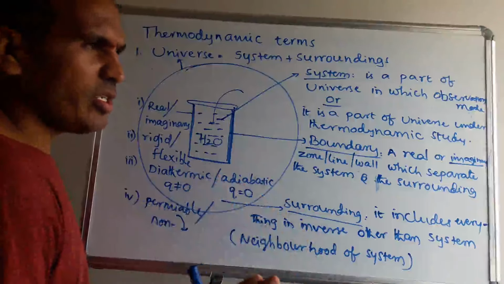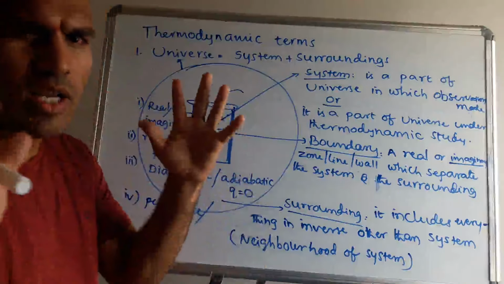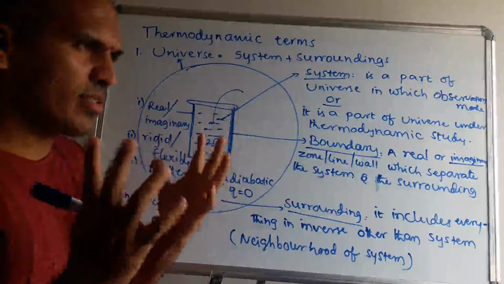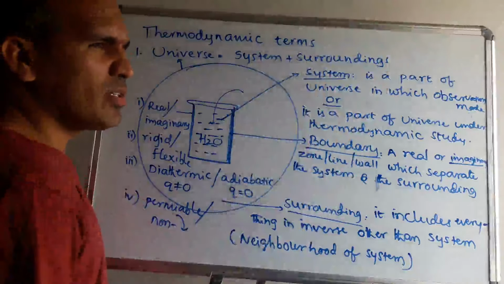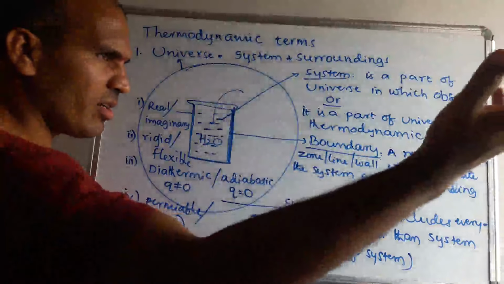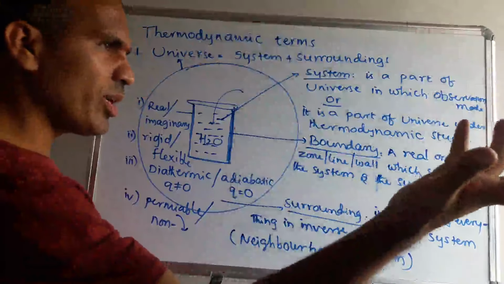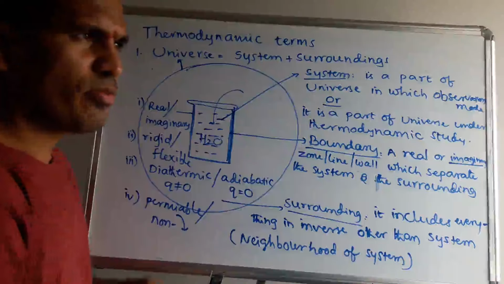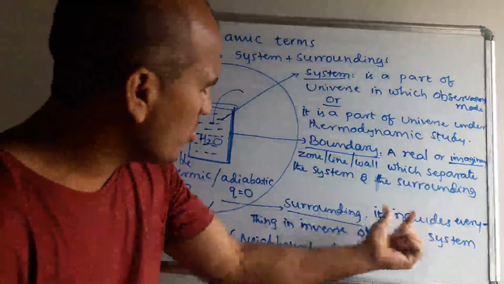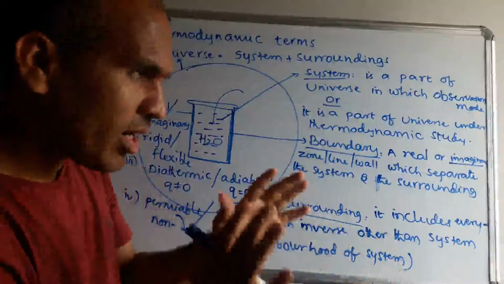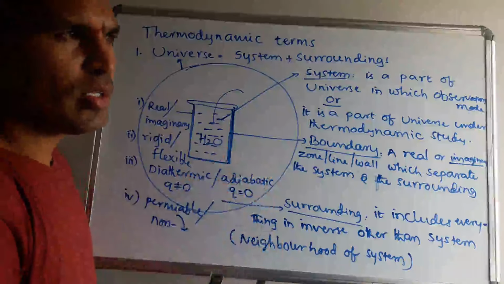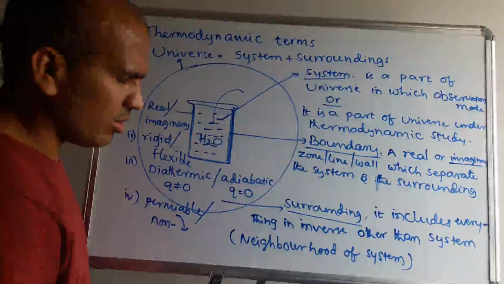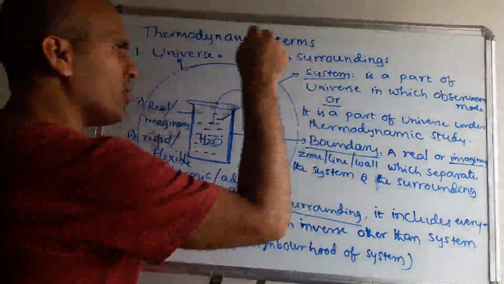No, there is no change, because the surrounding is very large. Whatever temperature change happens in the system will not affect the surrounding, but a change in the surrounding may affect the system, because the system is smaller and the surrounding is very large. That's why it includes everything in the universe other than the system. Everything other than the system is the surrounding. So the surrounding is not affected by changes in the system.